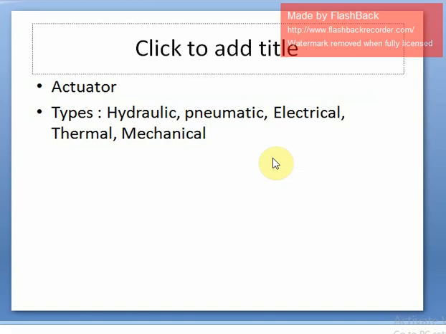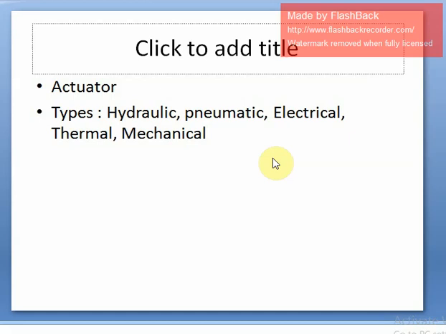Next one is electric actuators. An electric actuator is generally powered by a motor that converts electrical energy into mechanical torque. This electrical energy is used to actuate equipment such as a solenoid valve, which controls the flow of water in pipes in response to electrical signals, and it works on the principle of an electrical actuator.